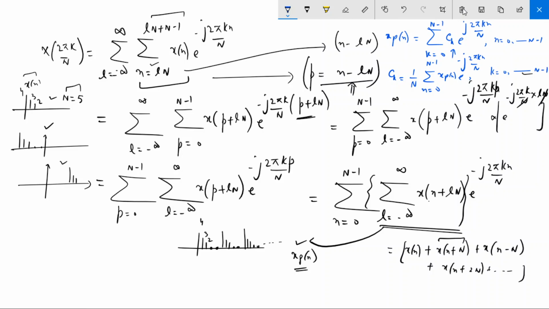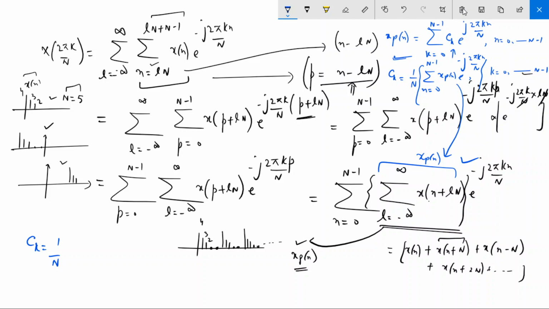Okay, this is xpn, and this is ck. So if you compare these two equations, you can simply write ck as 1 by n, and this is the same as this equation.